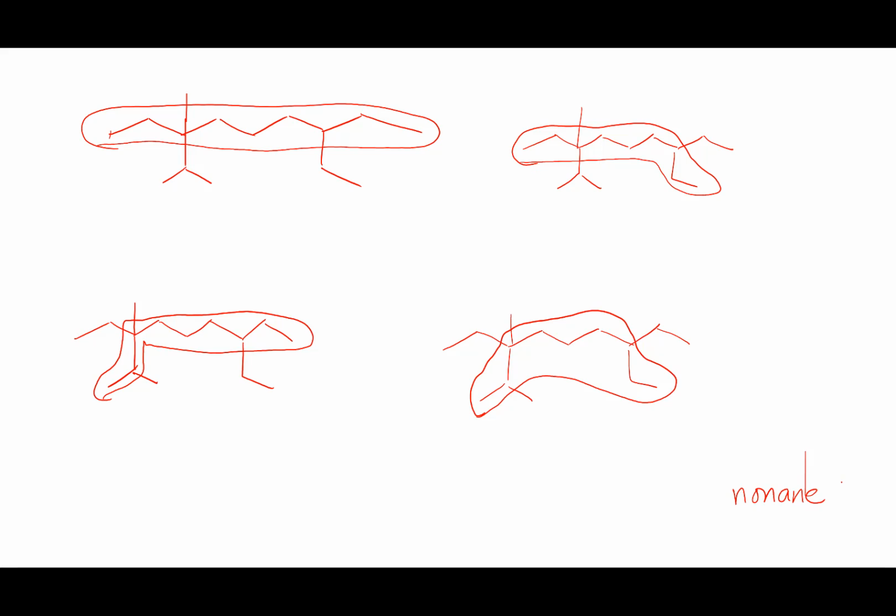Okay? Now let's deal with the 2 structures on the right in terms of the chain. So it turns out that at this branch point, I go 1, 2 carbons this way, and I go 1 and 2 carbons that way. Does it matter which way I go at that point?